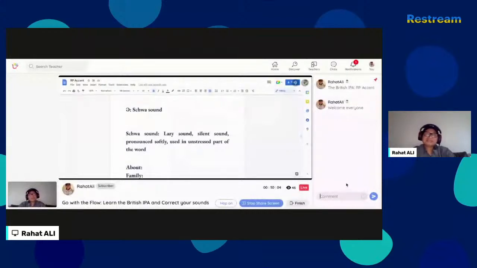What is schwa sound? Schwa sound is the lazy sound or silent sound which is pronounced softly, used in the unstressed part of the word. How do you know which one should be a schwa sound or not? That's the greatest and most challenging question.